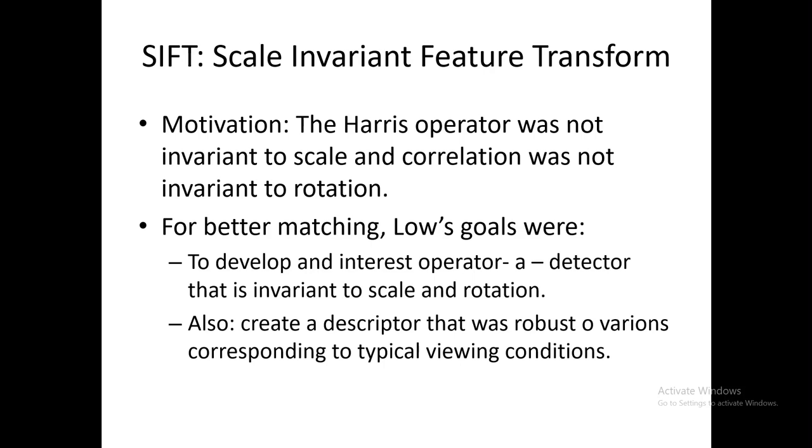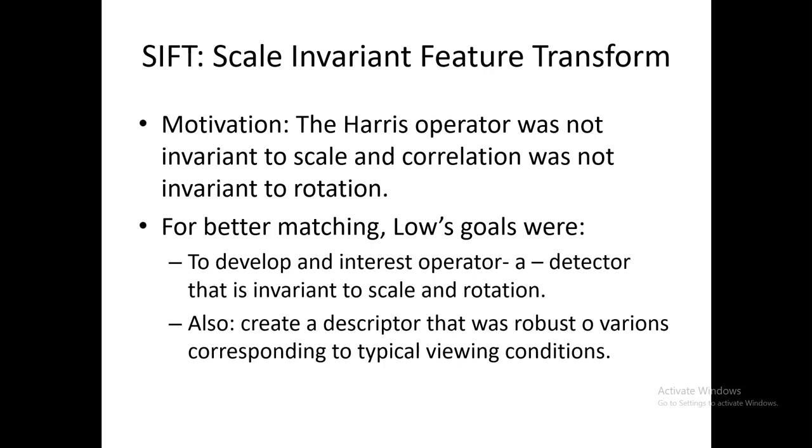So David Lowe developed two things for better matching. One was to develop an interest point operator, or detector, that is invariant to scale and rotation, which we have discussed in our previous sections, and which finds the maxima of the difference of Gaussian both in scale and space.